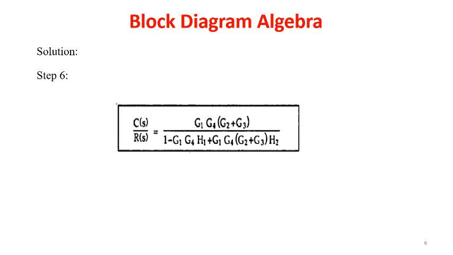Next step is to write it into a single block. The overall transfer function for the given block is written as C of S divided by R of S equal to, in the numerator G1 G4 bracket G2 plus G3, whole divided by 1 minus G1 G4 H1 plus G1 G4 bracket G2 plus G3 into H2.